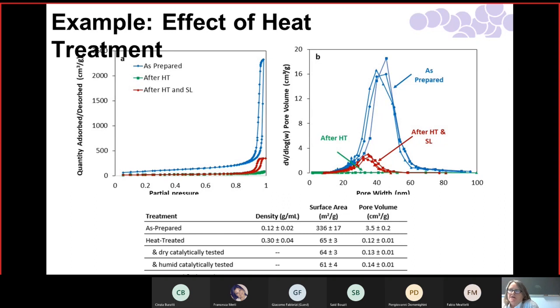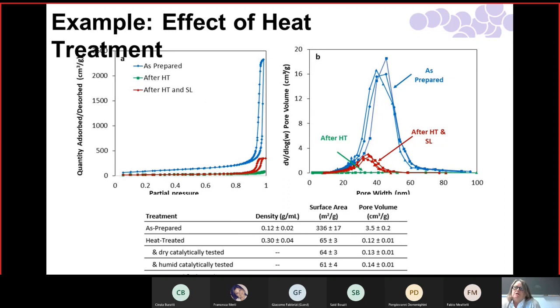I'll talk about this, I think, in the last week. So we're looking at how effective they are as a replacement for precious group metals like platinum and palladium, which are very expensive. We heat treat the material, because in a car, it's going to get very hot. So we heat it up to 800 degrees C.